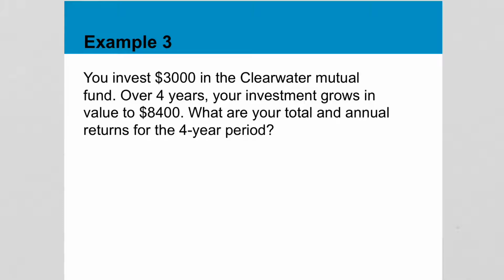So you invest $3,000 in the Clearwater Mutual Fund. Over 4 years, your investment grows in value to $8,400. It's pretty good. What are your total and annual returns for the 4-year period?